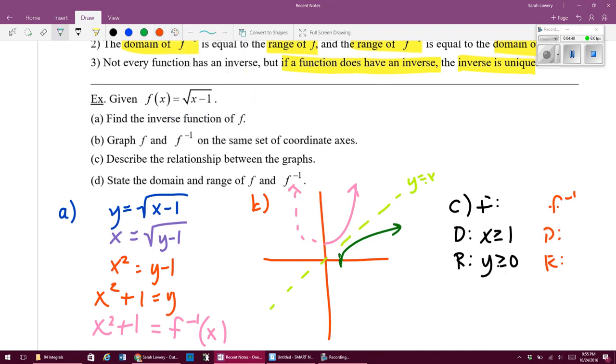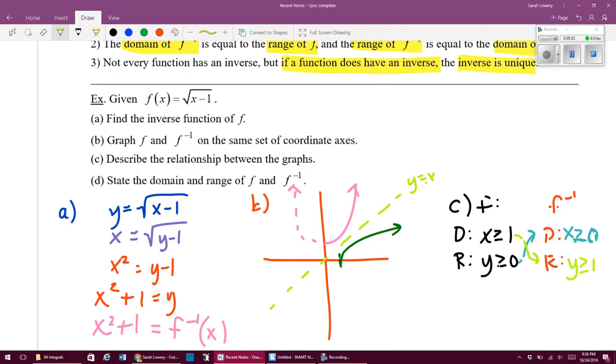So that means that this range becomes my domain. So this is now going to be x is greater than or equal to 0. And my domain becomes my range. So this is y is greater than or equal to 1.